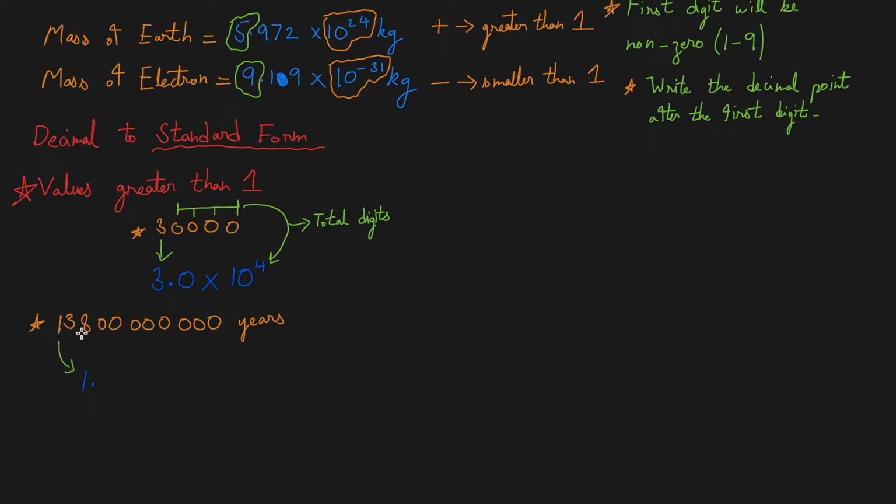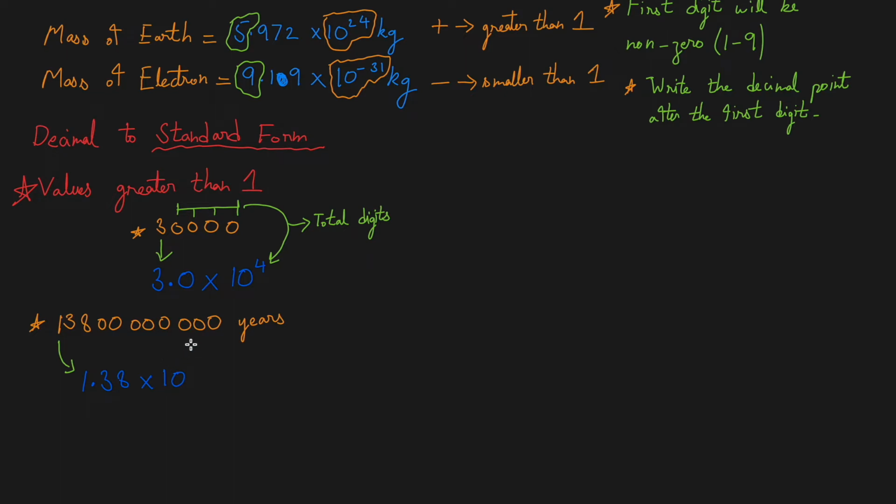Now here we have 38. So the rule now will be, after introducing the decimal point, we will write these values in here: 1.38. Now we will not use zeros here because we already had non-zero values here. So 1.38, now introduce the multiplication sign and then the power of ten.